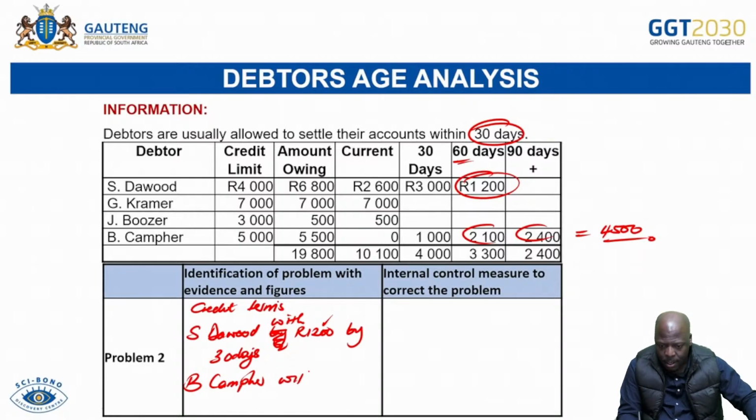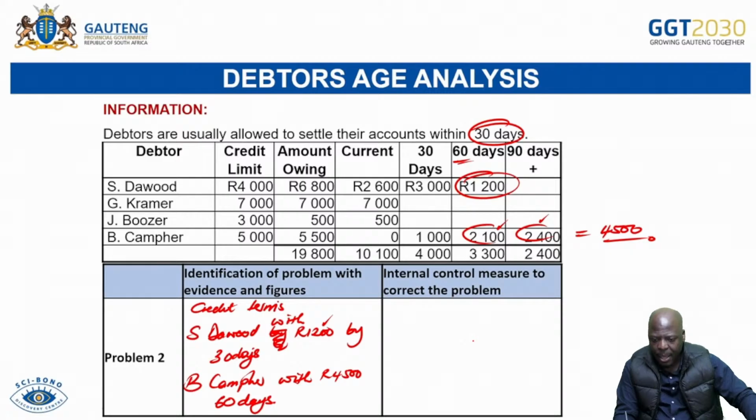Is exceeded with 4,500. And you can see that 4,500 is exceeded by what? Because this is for 90 days and this is for 60 days already. So we can already talk about 60 days here. Is exceeded by 60 days.